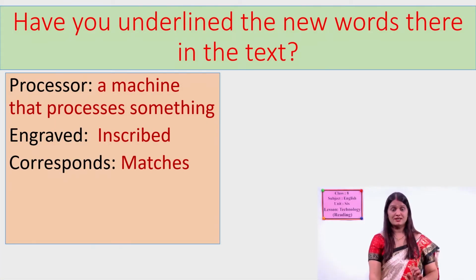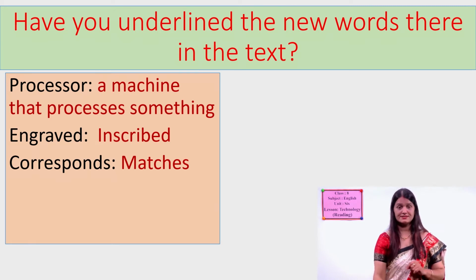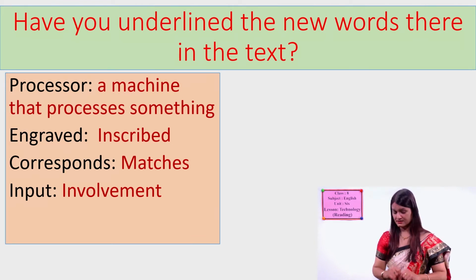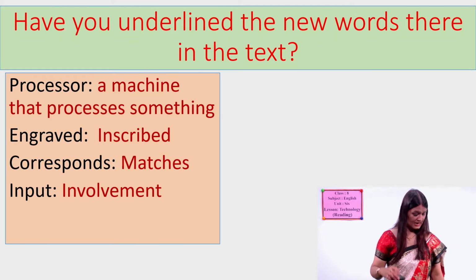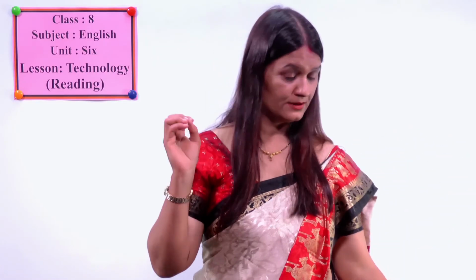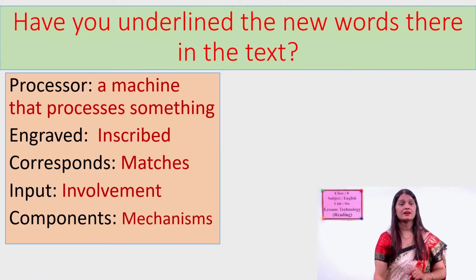Next one, correspondence. Relates with each other, matches with each other. Input means involvement. I've written this word, just like this mouse, and this keyboard is used for inputting some information in the computer, right? Components. Components means parts, mechanisms.